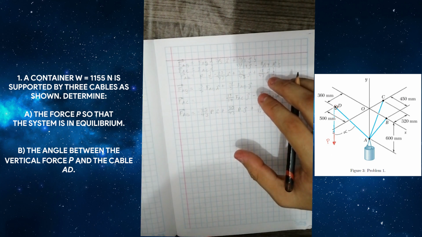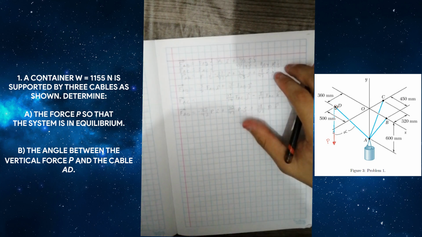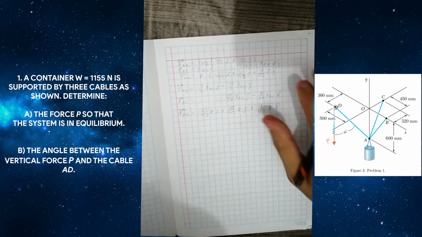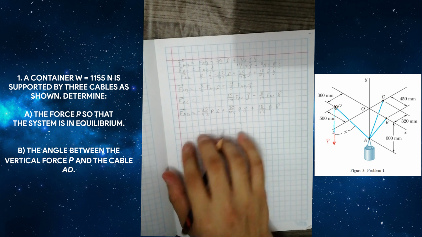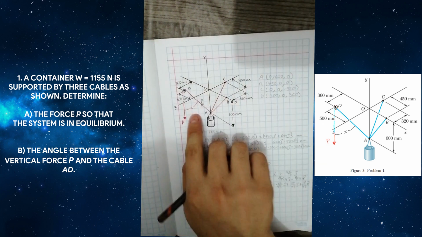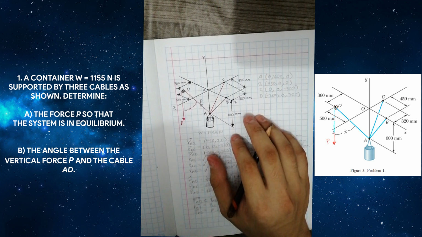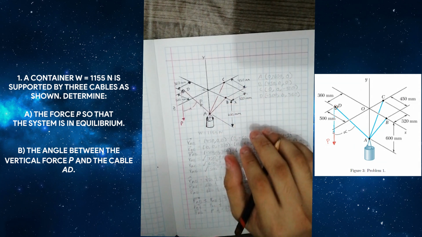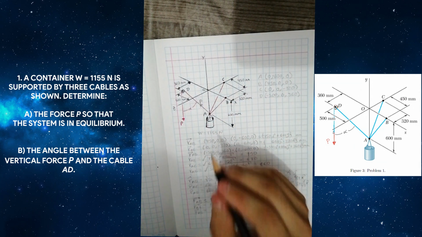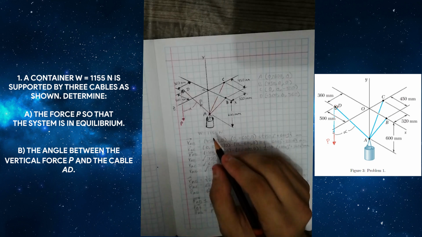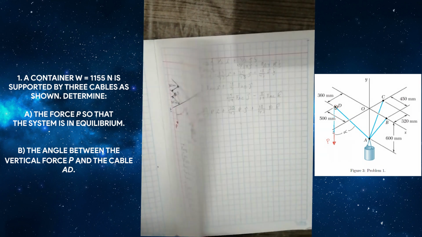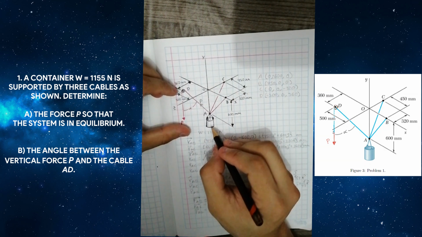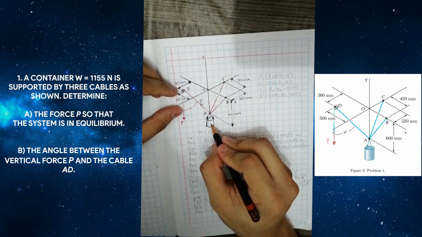For the first Newton's law says that this system is in equilibrium. The sum of all the forces included must be 0. So the last force that we need to add here is the weight of the container.